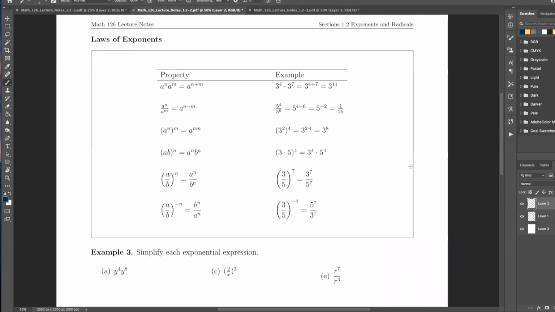All right. So let's look at properties. So a to the n times a to the m, you just add up the exponents, right? So here we're just adding the exponents. And the reason is, let me be very pedantic about this. This is 3 times 3 times 3 times 3. This right here is 3 times 3 times 3 times 3 times 3 times 3 times 3.